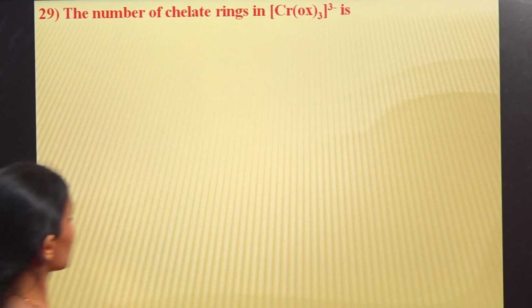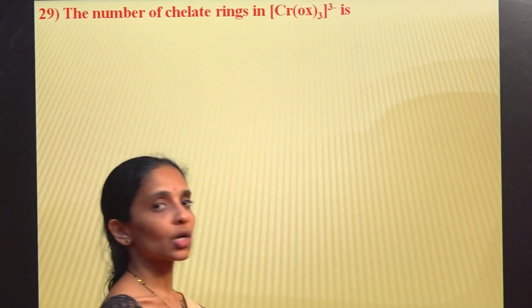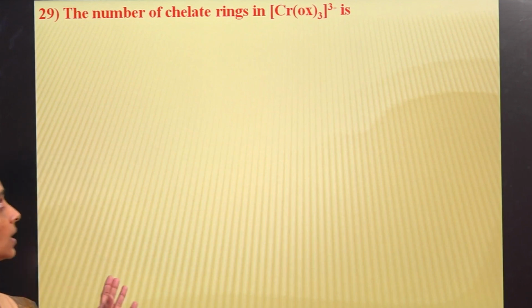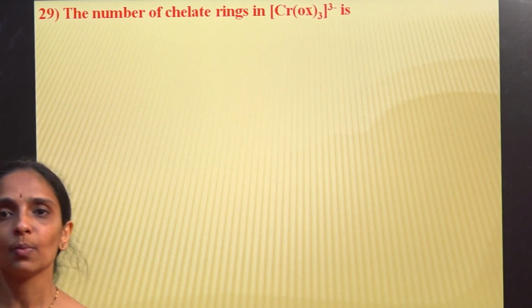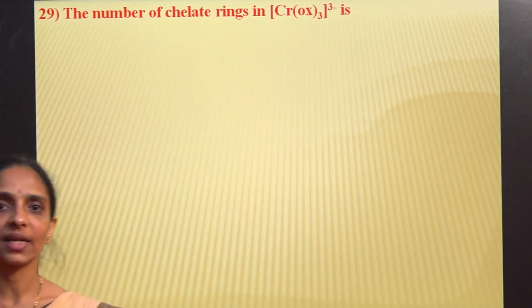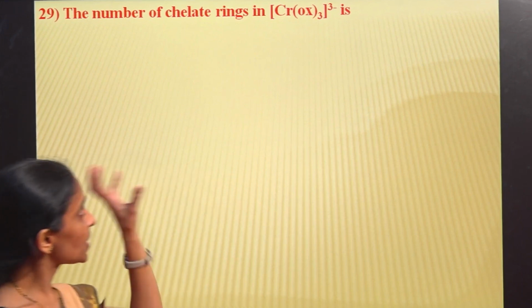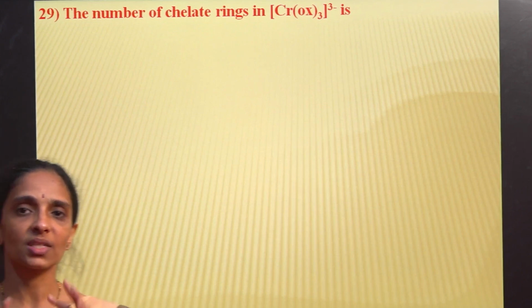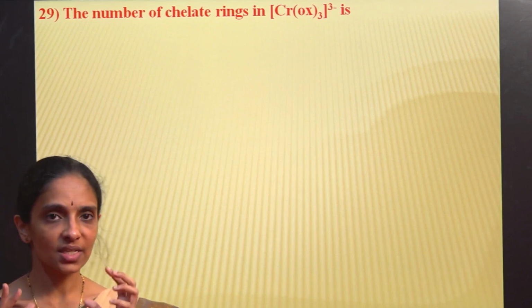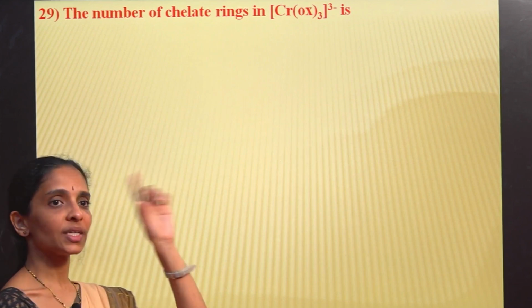The number of chelate rings in the particular complex. See, if a ligand binds to the central metal with the help of more than one donor atom, then we say it is a chelating ligand. Actually, it forms a ring type structure around the central metal. That is why we call it a chelating ligand.